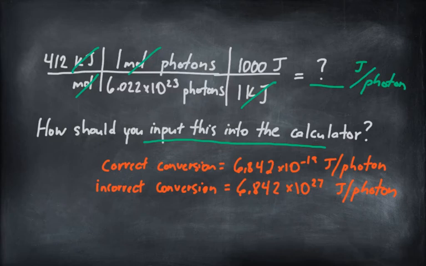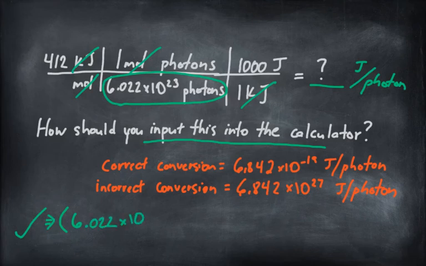What you need to do is ensure that when you divide by Avogadro's number here on the bottom, that you place this entire value within parentheses. So you should put it into your calculator either like this, open parentheses, 6.022 times 10 to the 23, close parentheses.